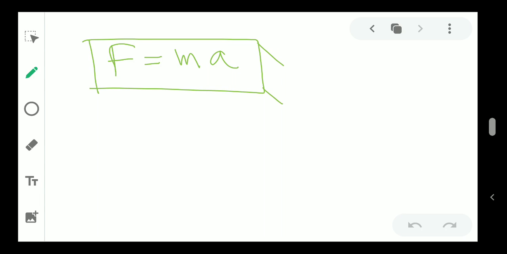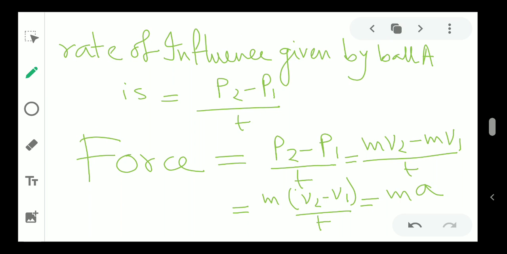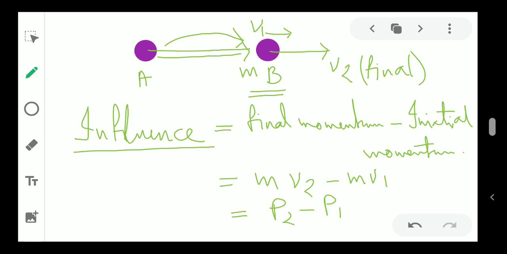And this is the second law of motion given by Newton. That is, force is equal to mass into acceleration. So actually what is force? Force is nothing but the influence, the rate of influence given by some object to another object.